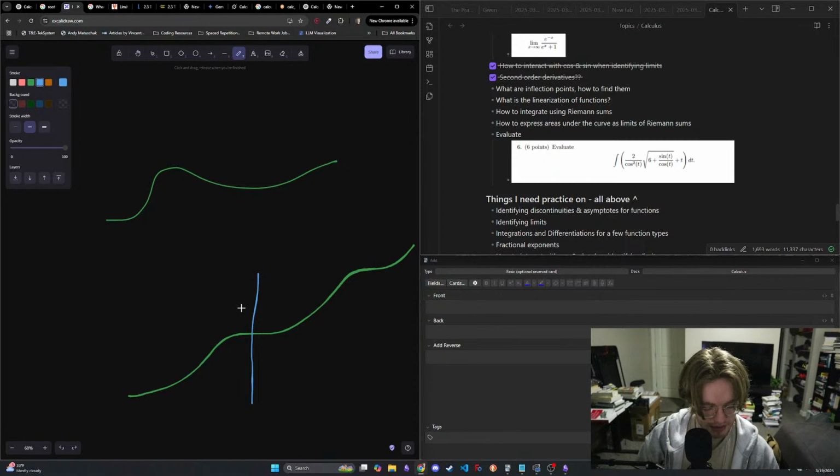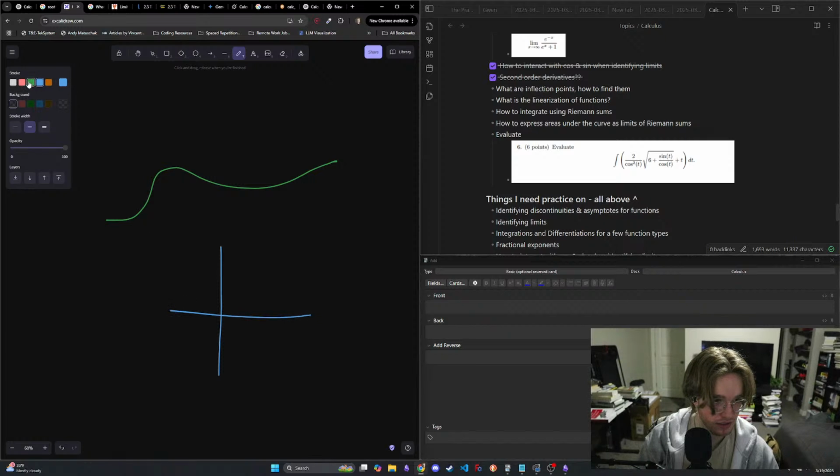I'll draw an even better example. We'll say that my function went like this.